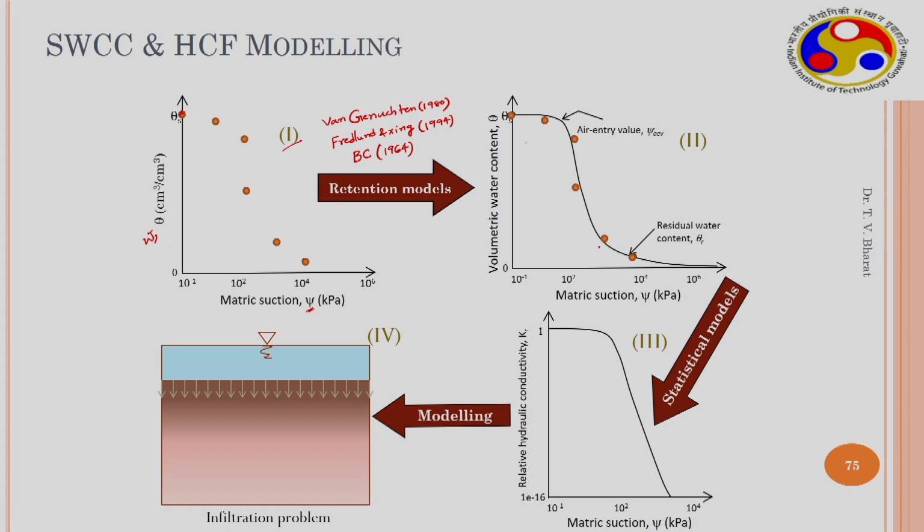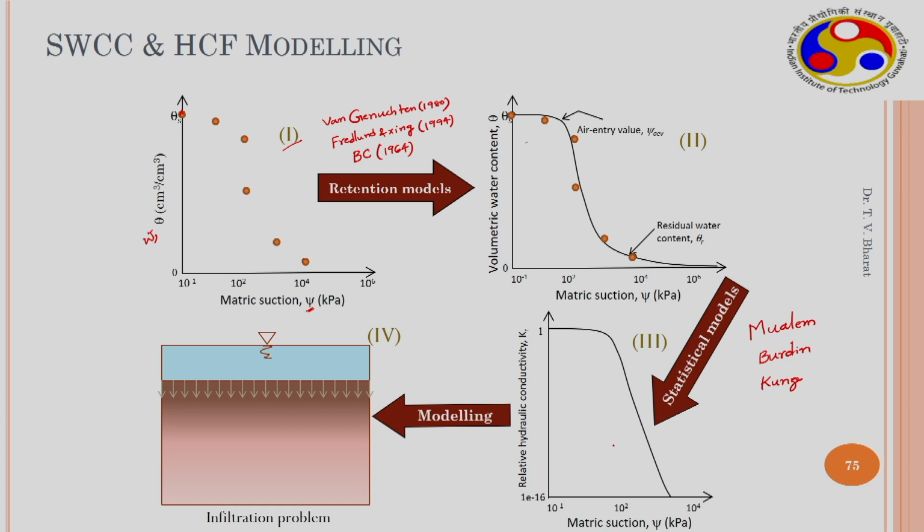Once we obtain a smooth function, we can use different statistical models such as the Mualem model or Burdine, or even Fredlund and Xing uses the Kunzel model. Such models could be used to obtain the hydraulic conductivity function.